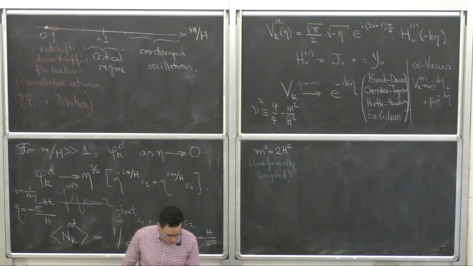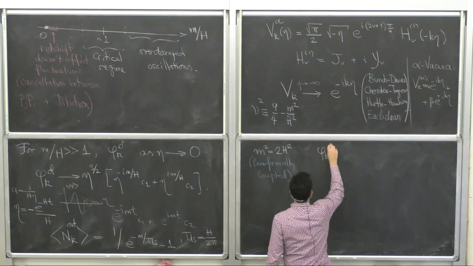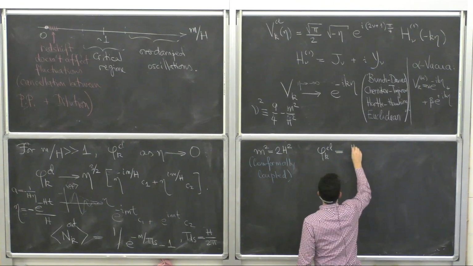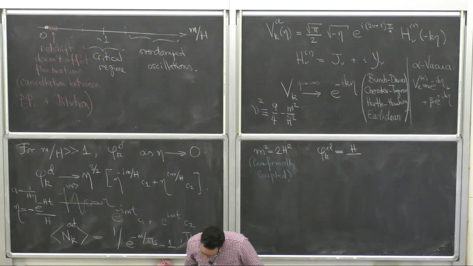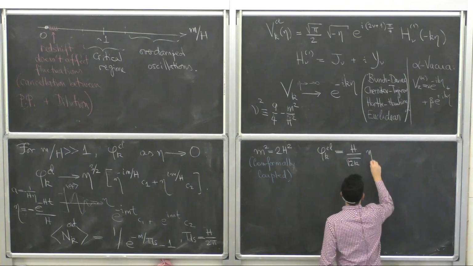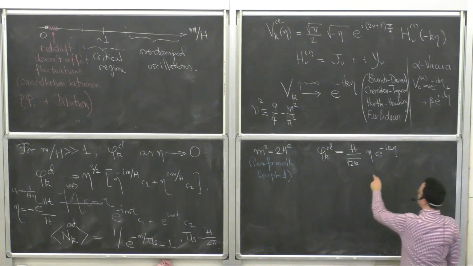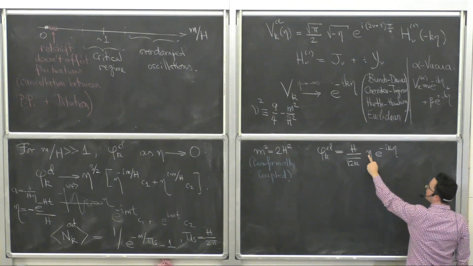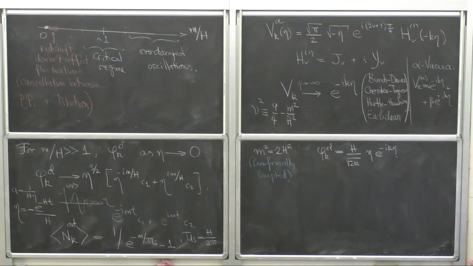And it's clear to see how the classical phi_k is in that case. If you canonically normalize, there's an H over root 2k. But look, if you absorb this eta into some redefinition of phi, you just get the massless scalar in flat space.